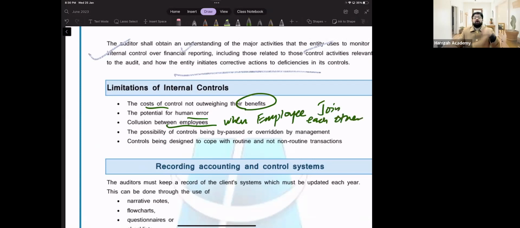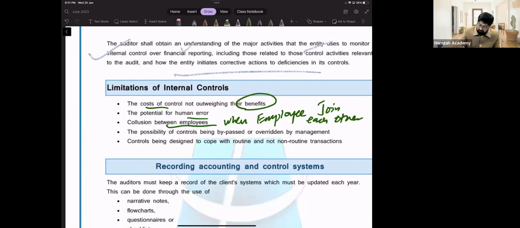I said the cashier and accountant should be two different persons, so that the cashier has cash and the accountant updates accounts. But if they both decide, the cashier says, I will steal money, we will share, you update accounts fraudulently, the purpose of the control is gone.